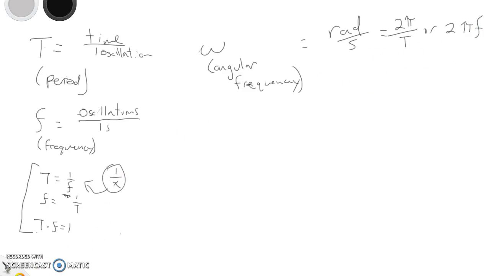Basically, we represent it as the speed at which something returns to its original position. So it's a rate that has to do with returning to your initial starting conditions.